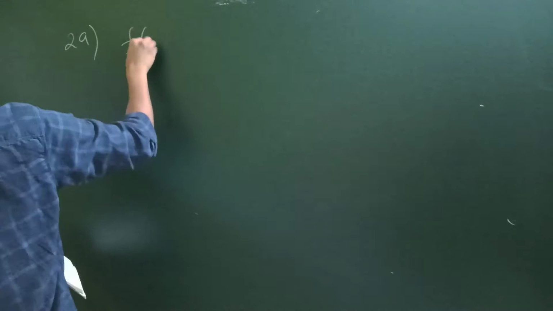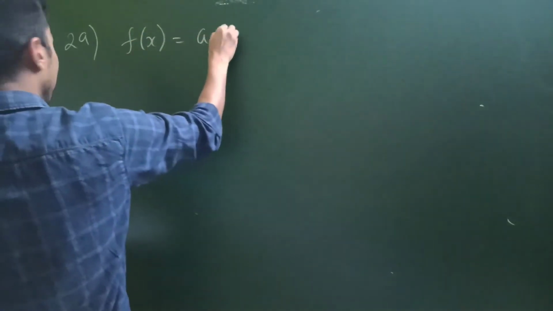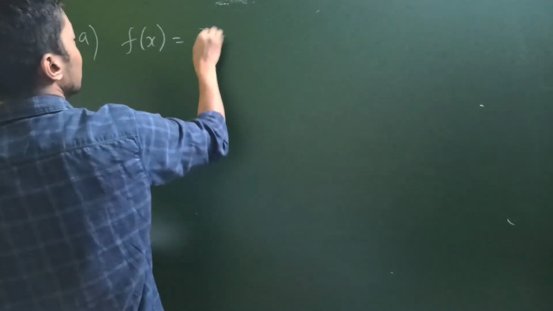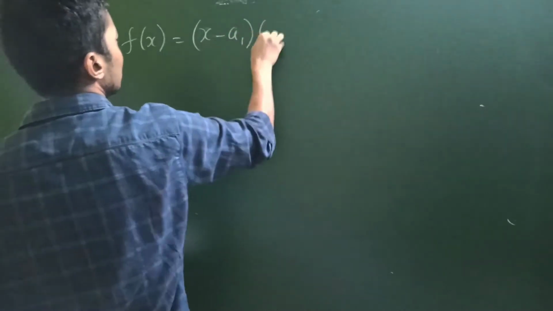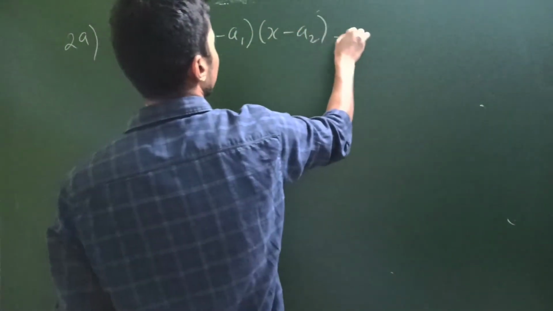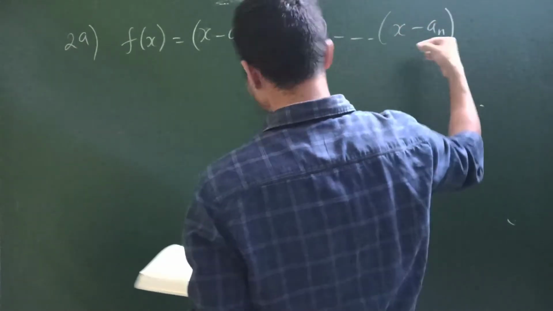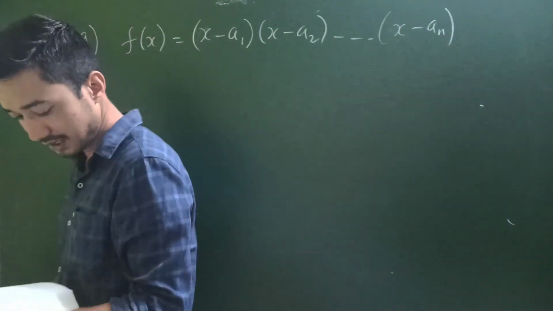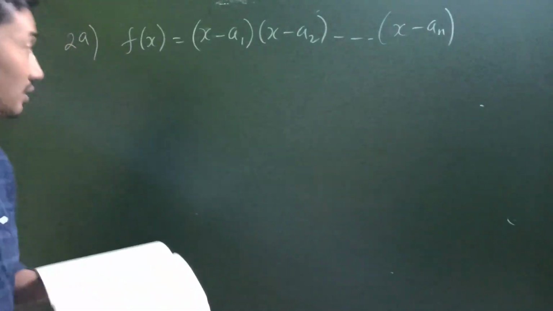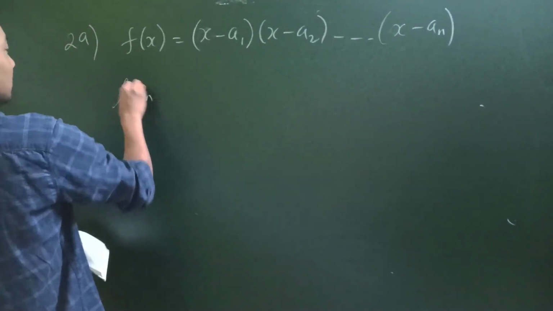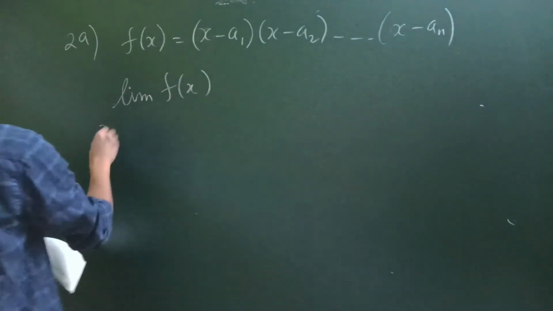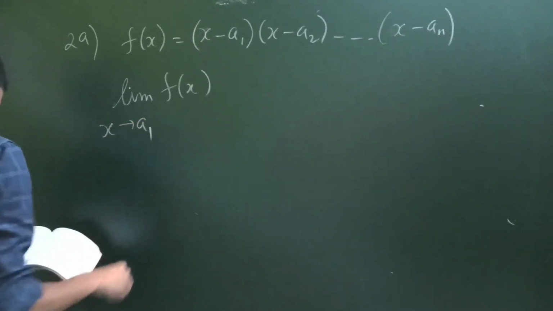Our function here is given as f of x equals x minus a1, x minus a2, and so on till x minus an. So this is our function. Now the question is, what is the limiting value of the function f of x as x tends to a1?